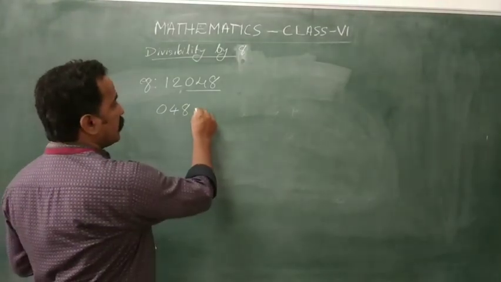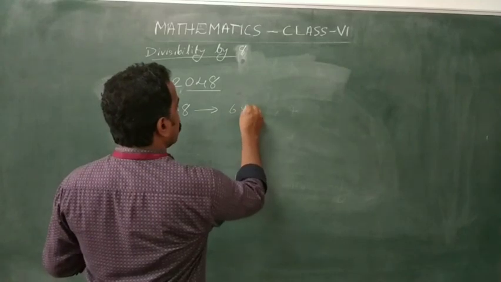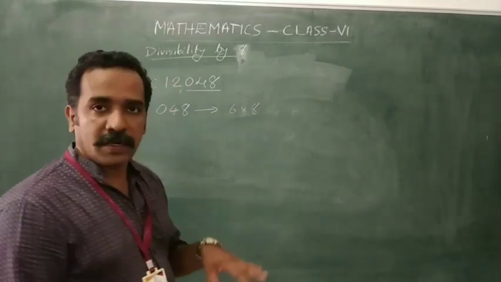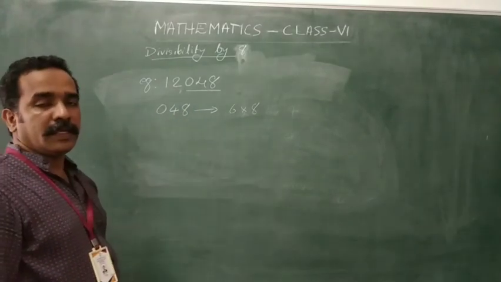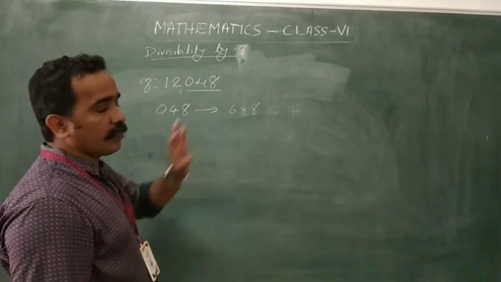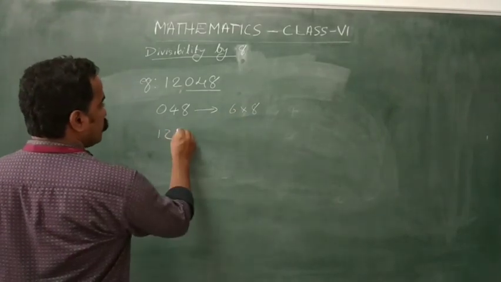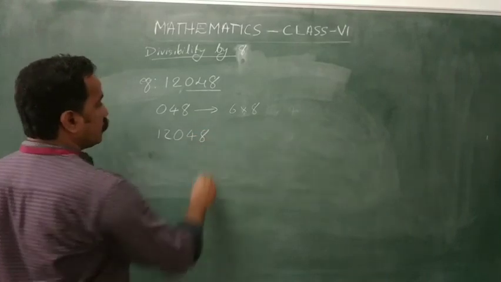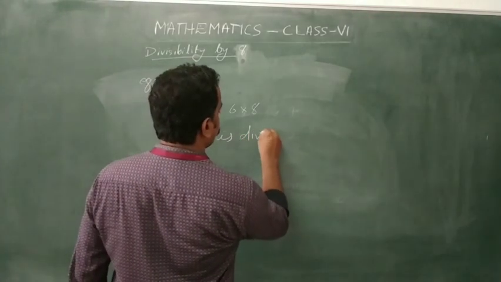And 48 is a multiple of 8. We know that 6 eights are 48. So 48 is divisible by 8. Understand? Therefore, 12,048 is divisible by 8.